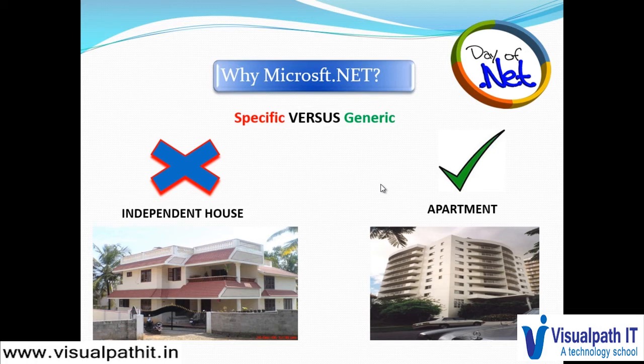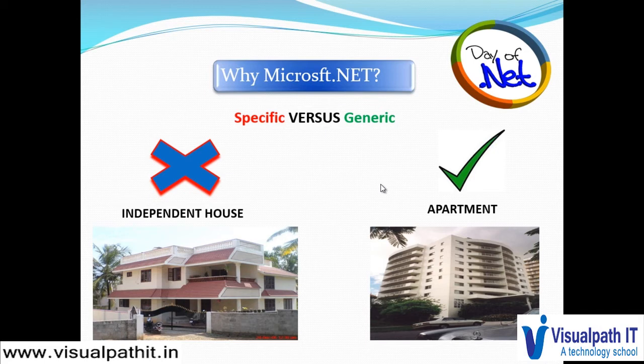But when I talk about an apartment, I find two types of resources. One is a specific resource, one is a generic resource. For example, the television or the glass or the dining table are specific resources. But the amenities that I count, like a swimming pool or a children's park or a gym, are shared by all families. That is generic.